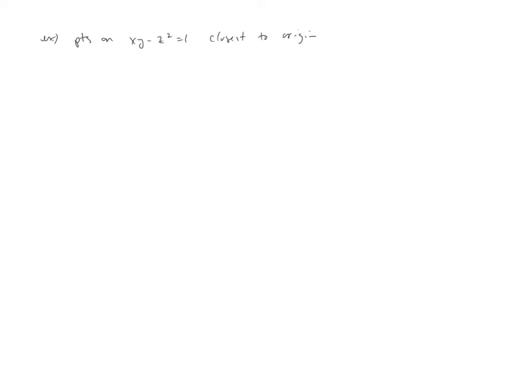For us, we are going to minimize distance, which is d equals the root of x squared plus y squared plus z squared. Now, I know this because we're trying to be closest, so we're minimizing the distance. And since it's the origin, the distance to the origin is technically x minus 0 squared, y minus 0 squared, and z minus 0 squared, since the origin is 0, 0, 0.